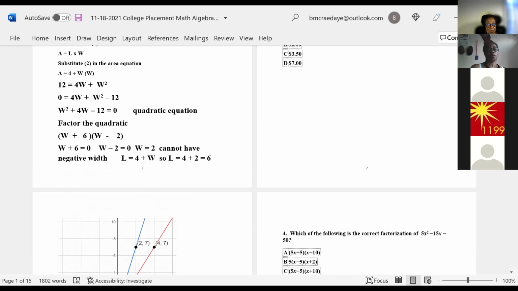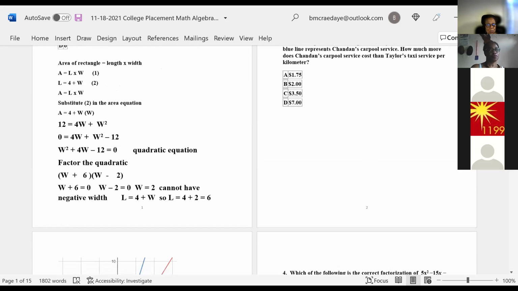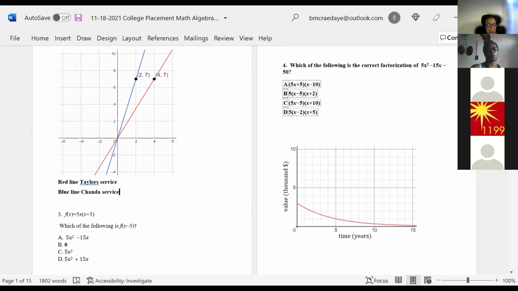So what are we looking for? We are trying to find how much more Shannon's service costs than Taylor's. So are we doing y1 minus y2 over x? Yes, you got it, Vanessa. We're finding the slope.